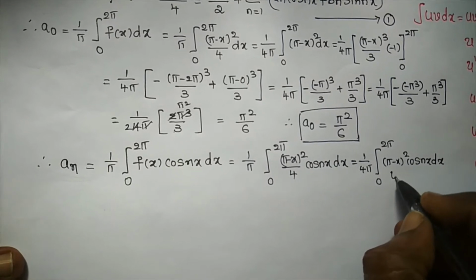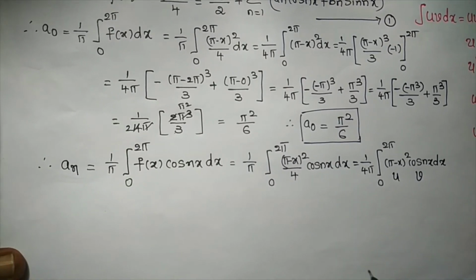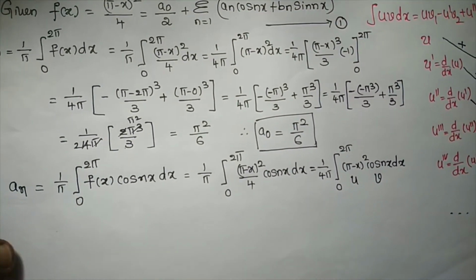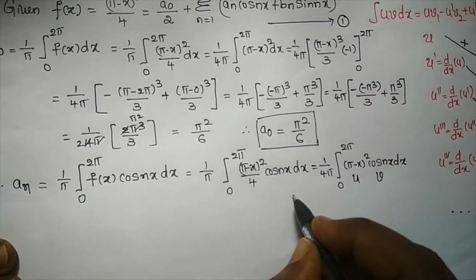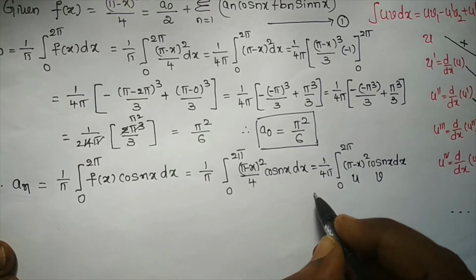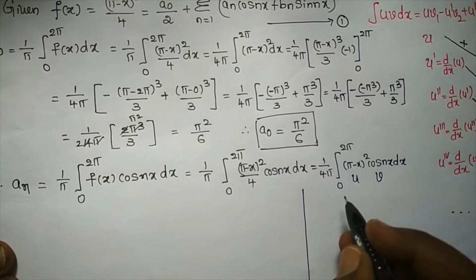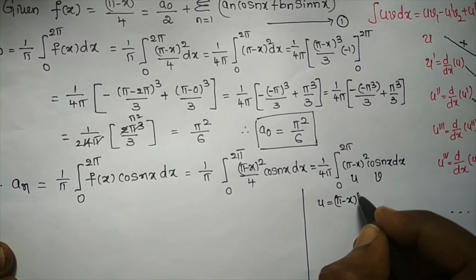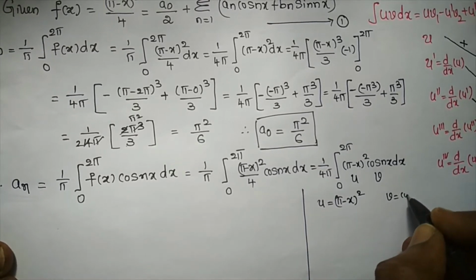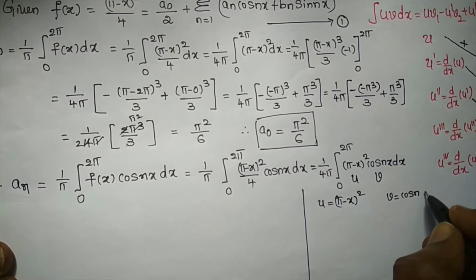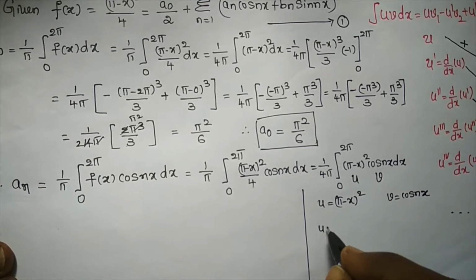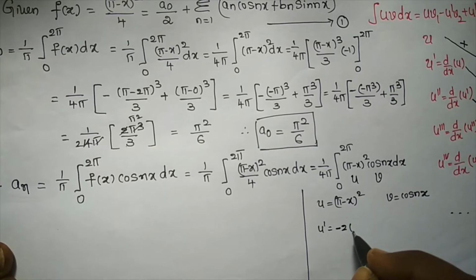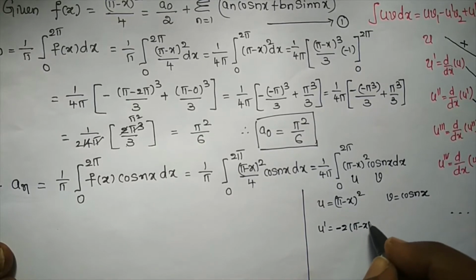I can imagine this is u, this is v. So according to the formula, u is equal to (pi minus x) whole square, and v is equal to cos nx. And u dash is the derivative of this one, minus 2 into (pi minus x).